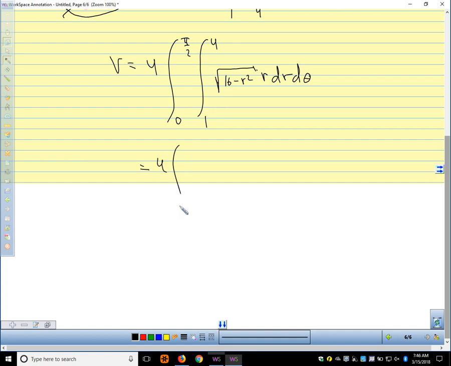We're going to do 4 times the integral from 0 to pi over 2 of the integral of the square root of 16 minus r squared, r dr d theta. Is what?